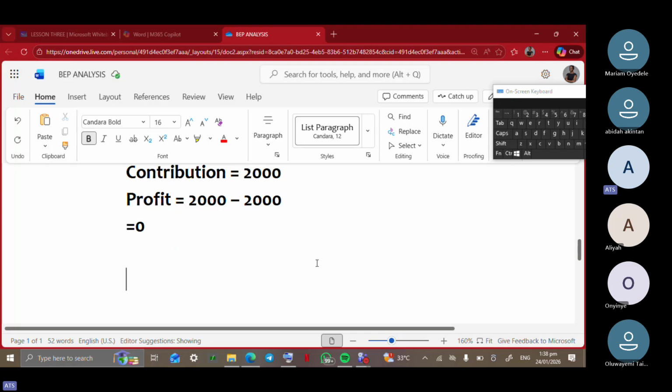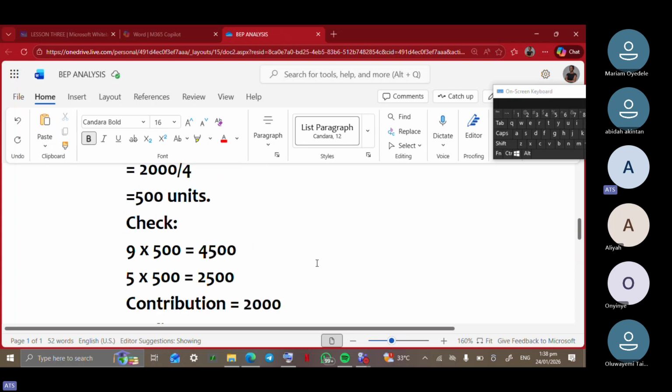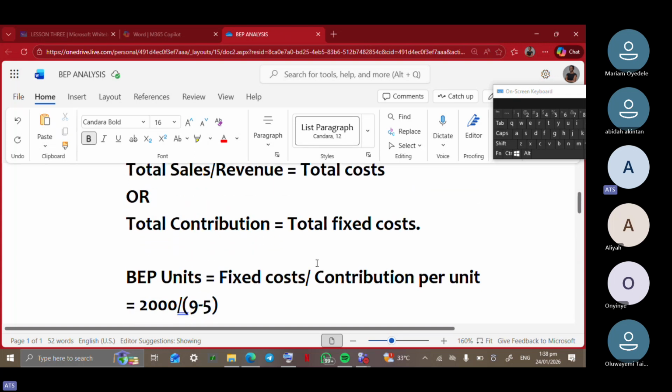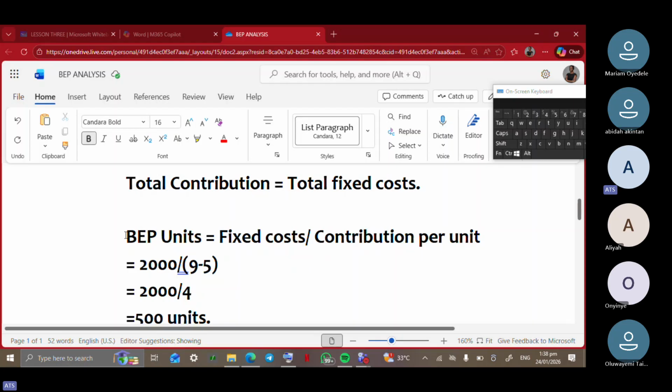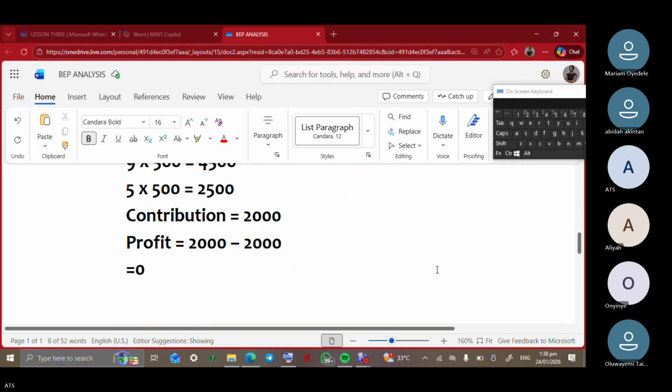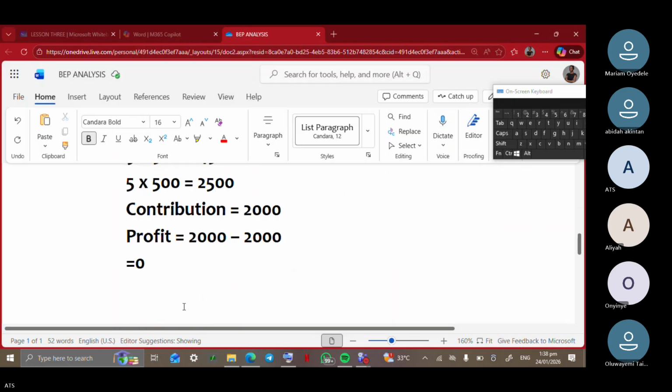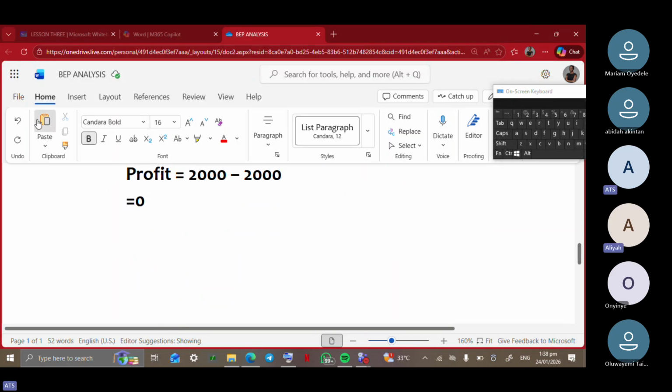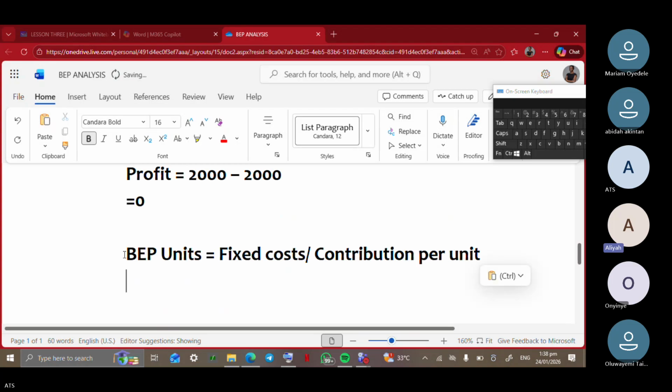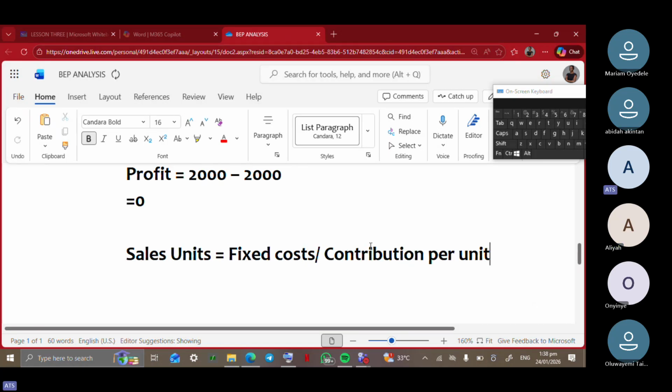So if you wrote down the formula for target profits, the formula for CVP units is this. But for target profits, required sales units is equal to fixed cost plus target profits divided by contribution per unit.